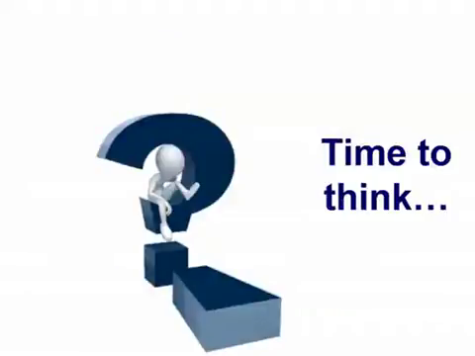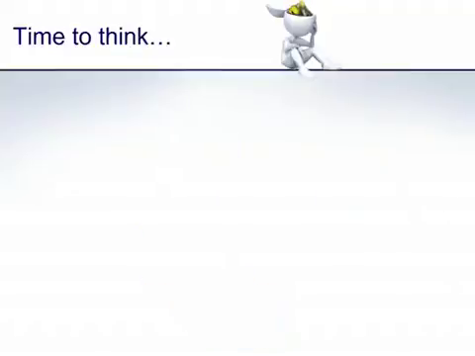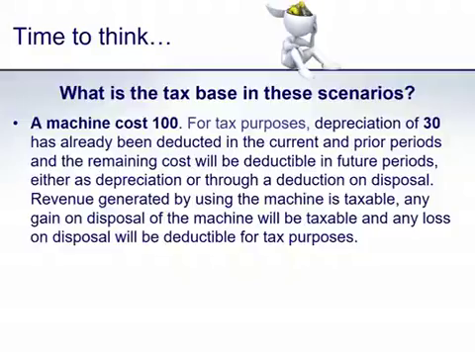Let's see if we understand the definition of a tax base of an asset by looking at a couple of examples. In our first example, we have a machine which cost 100 originally. For tax purposes, depreciation of 30 has already been deducted in the current and prior periods, and the remaining cost will be deductible in future periods, either as depreciation or through a deduction on disposal.